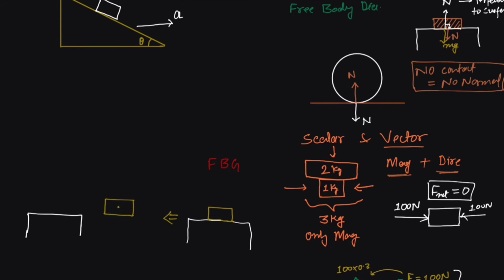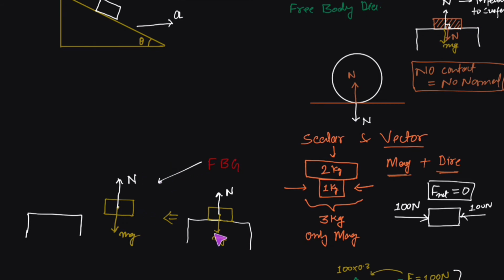When it was here, weight was acting downwards, mg, weight of the book, mass being m, and one reaction force is acting on the book. The table was applying a reaction force or normal force. So in the free body diagram, we would show mg downwards, and normal force upwards. These are all the forces. We have to show all the forces acting on each object. This becomes the free body diagram of the book.